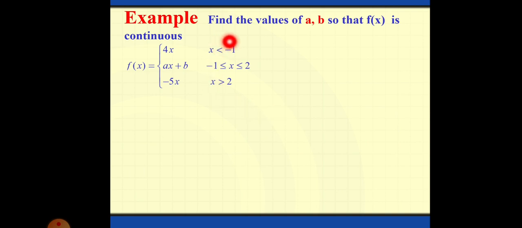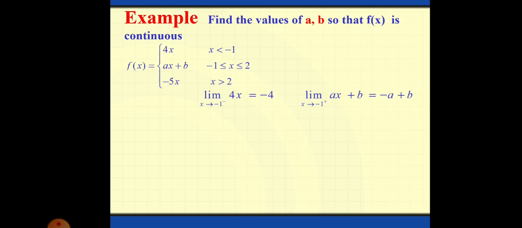Another example, find the values of a and b such that f of x is continuous at -1 and 2. This function is already continuous, but we have to find the values of the two unknowns a and b. Since this function is continuous, it satisfies all the conditions of continuity.